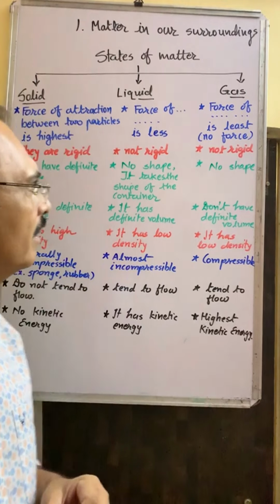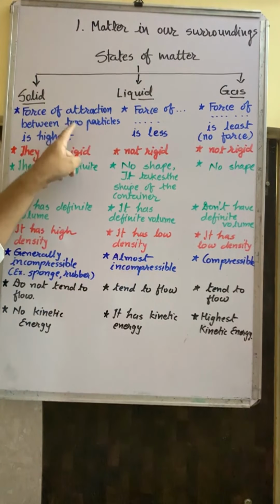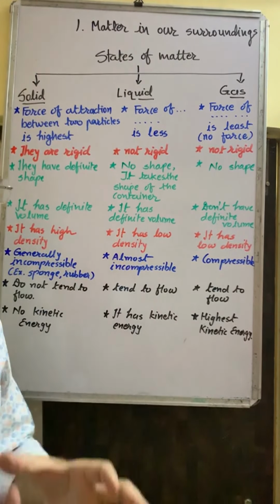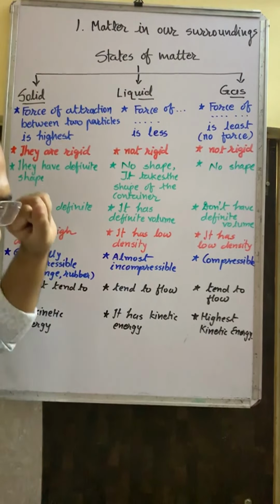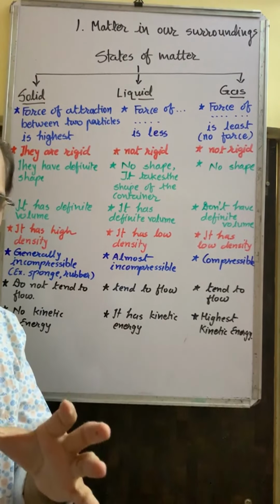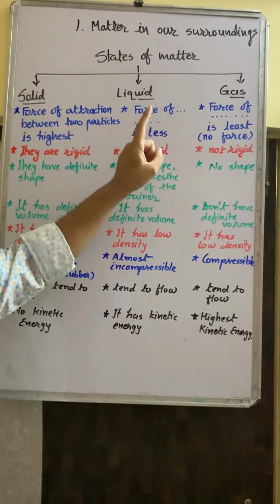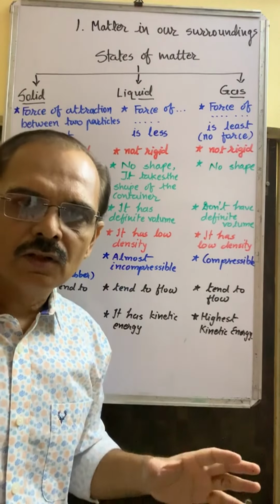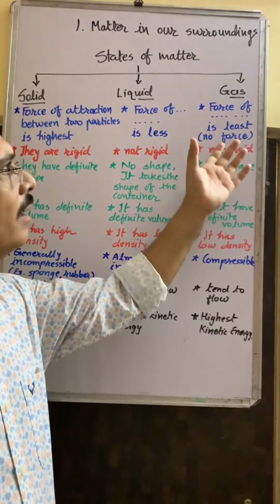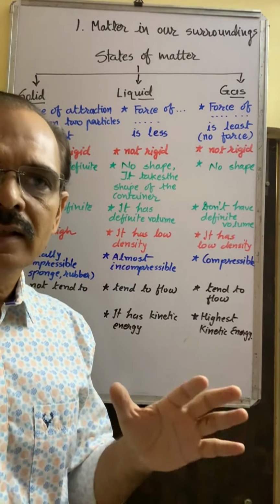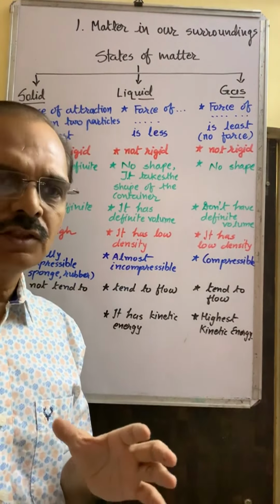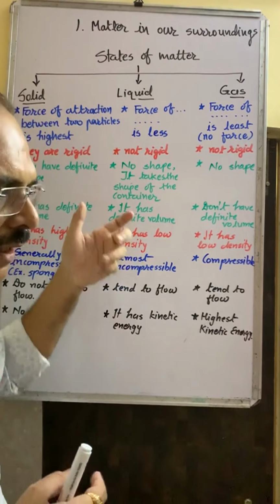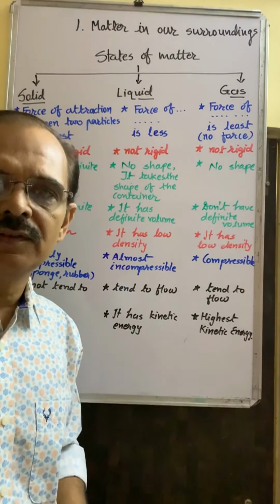We see here also, if the force of attraction between two particles is highest, we say that they are rigid. Solids are rigid. And here the force of attraction is less, so we can say that liquids are not rigid. In the same manner, gases are also not rigid. This is the property of rigidity. Rigidity means restriction at some places.